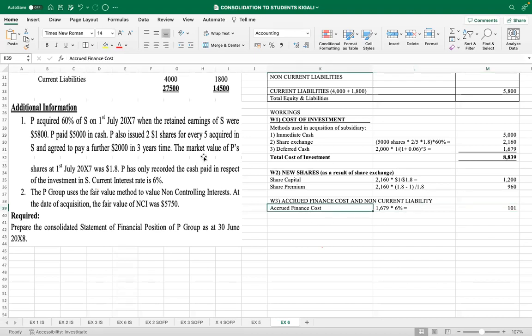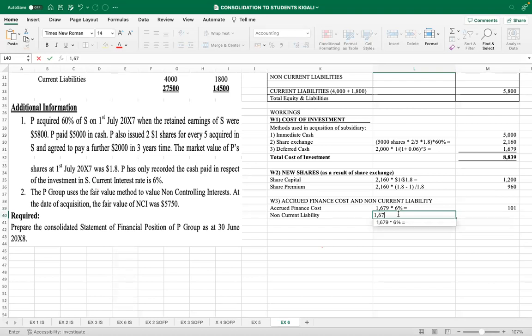So number 2, non-current liability. The non-current liability, you take 1679, and we said you take deferred plus accrued.